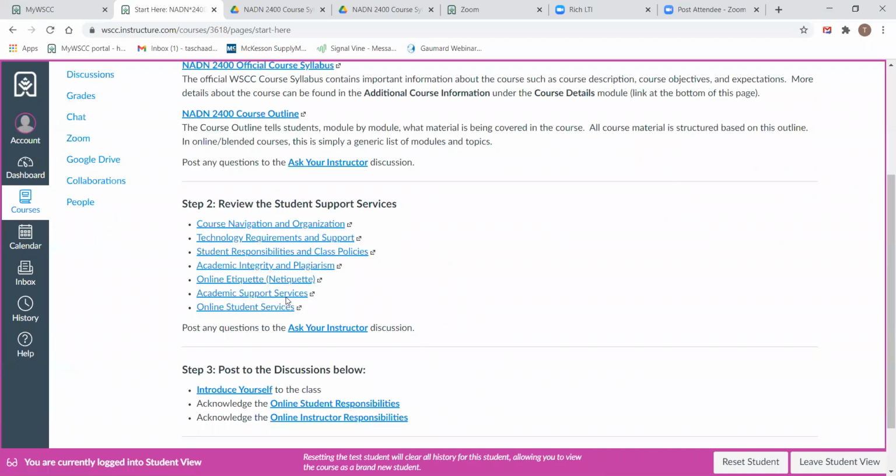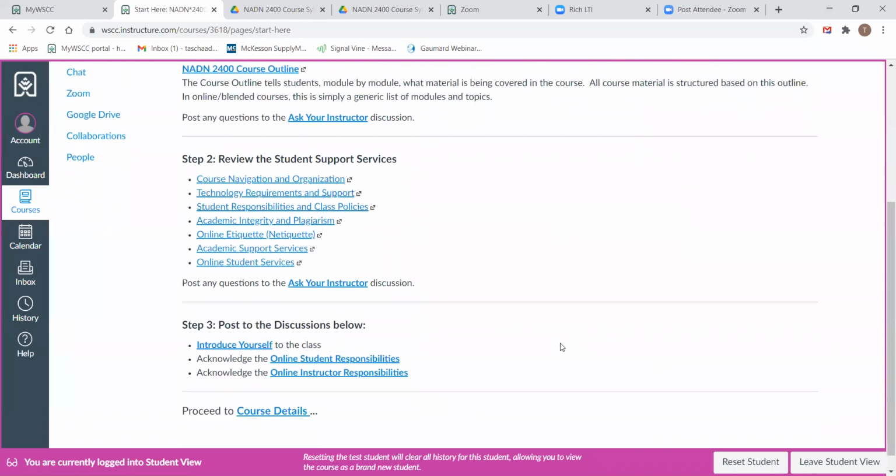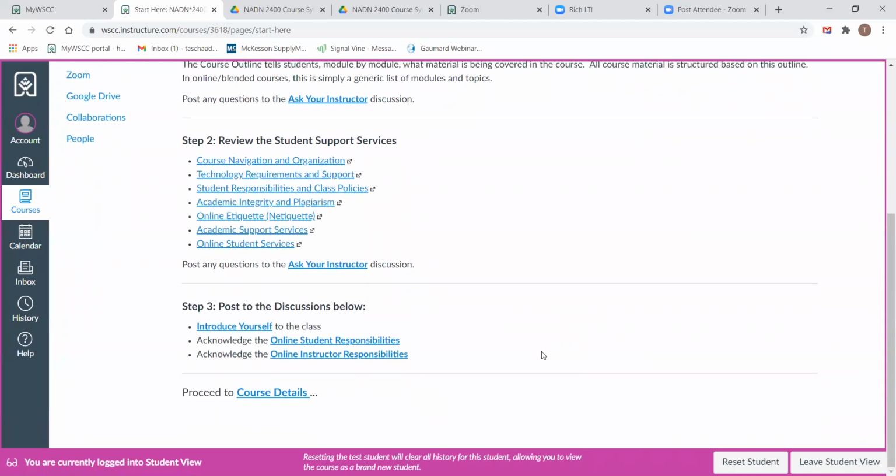This gives you the online etiquette, again, professionalism, what we're expected to do as we are online. It also gives some discussion posts here. And any questions, there is an Ask Your Instructor that is very helpful to ask in that forum, because then all students can see. If you have a question, someone else probably has the same question.